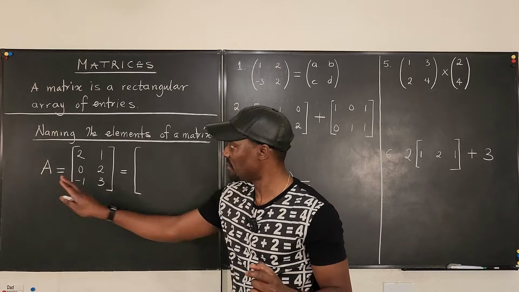Let's go on to another operation. What about this? If I tell you that this matrix is equal to this matrix, what am I saying? All I'm saying is A is exactly 1, and B is 2, C is -3, and D is 2. You cannot change it. It's not like you start solving an equation.